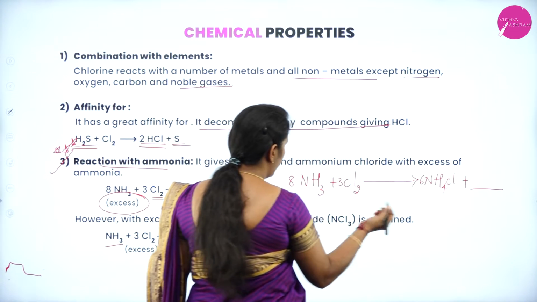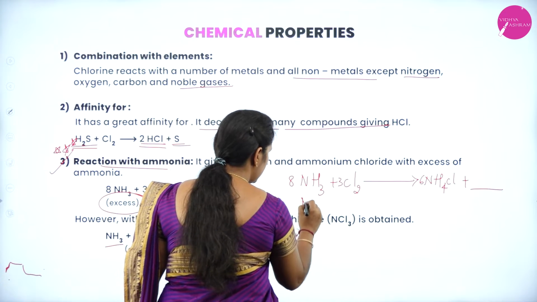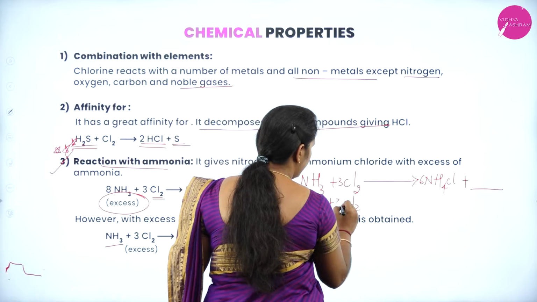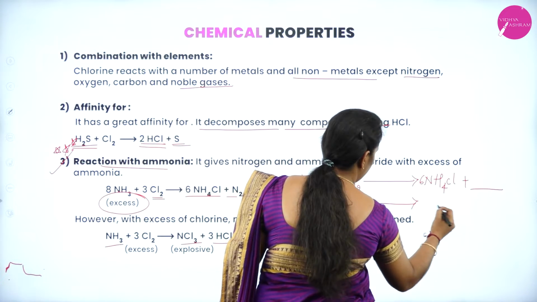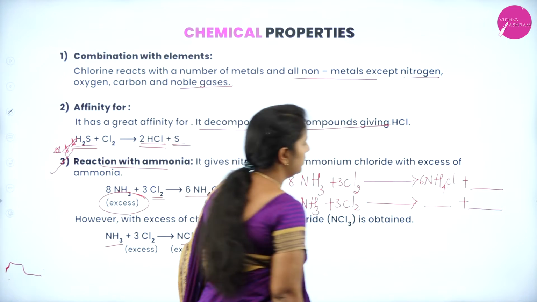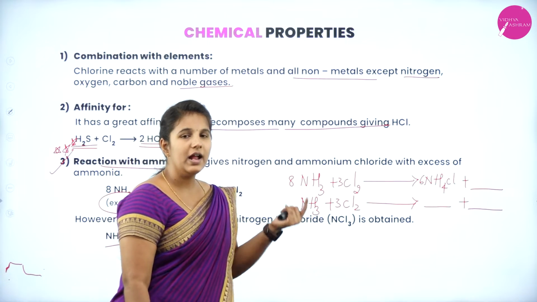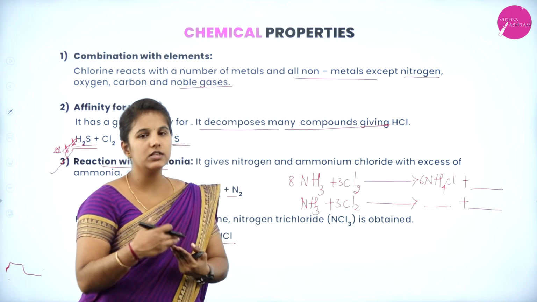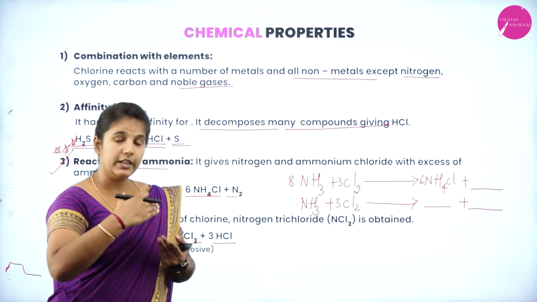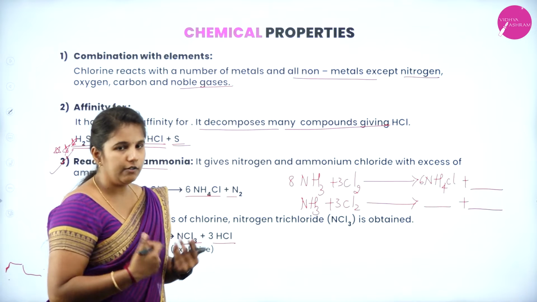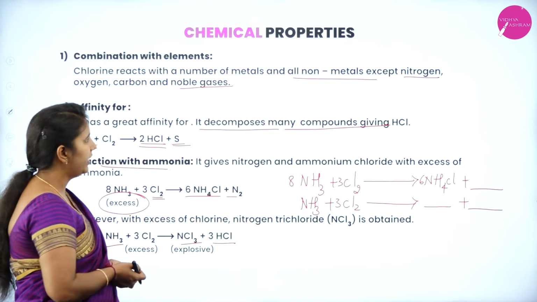Or they can also ask like this: NH3 plus Cl2 gives dash plus dash. Like this, in the examination they can ask you to write the end product, and it is very important to know how chlorine reacts with ammonia when it is in excess quantity and when it is in a small quantity.